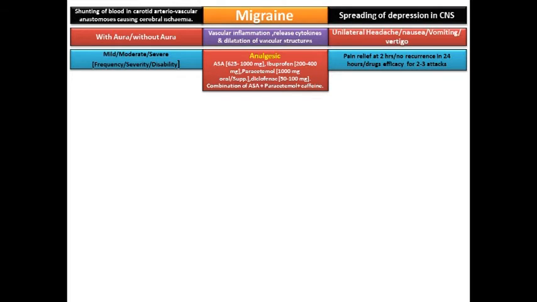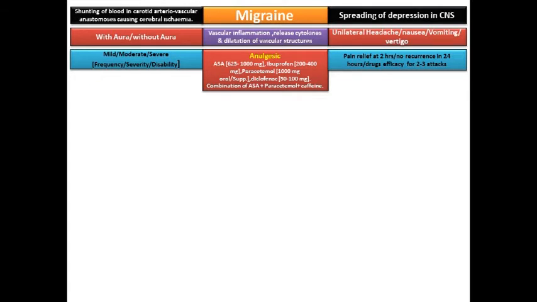They help in reducing the pain by blocking the enzyme cyclooxygenase, therefore inhibiting the synthesis of prostaglandins, which help in inflammation. So that's the pathway. Inhibit cyclooxygenase, inhibit prostaglandin synthesis, and therefore block the inflammatory pathway. So we have acetyl salicylic acid, aspirin, 625 to 1000 milligrams.